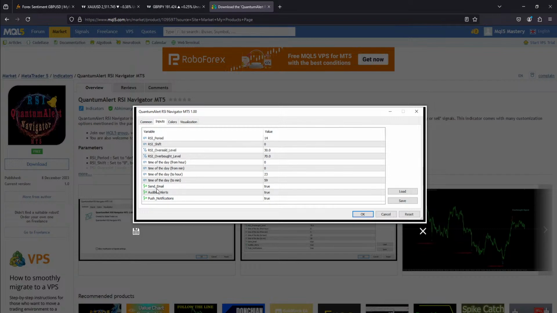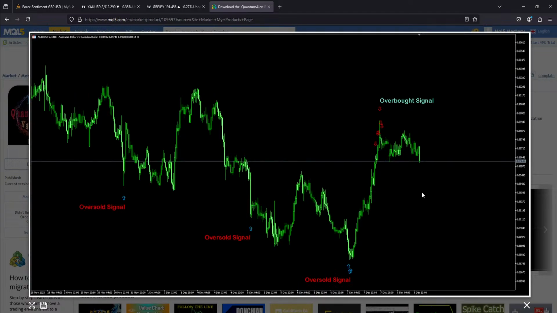And at the end there are notification settings. You can use push notification, audible, and email alerts, and there are some color and visual settings as well. You can just check it out. It will give you arrows in the oversold regions and arrows in the overbought regions.